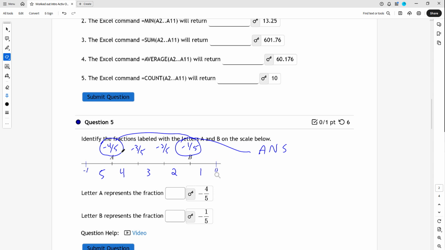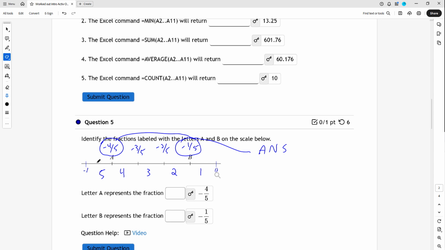So we have a 0 and -1, and we have tick marks. So how is it divided between 0 and -1? Well, it's divided into 1, 2, 3, 4, 5 pieces.